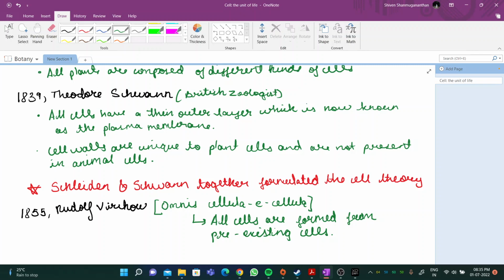The Latin statement being omnis cellula e cellula, and activities of an organism are the outcomes of the sum total of activities and interactions of its constituent cells. Now, what this last statement means is that whatever the cells do is reflected in the entire organism, or what the organism is doing is fundamentally observed in what its constituent cells are doing or making it do.